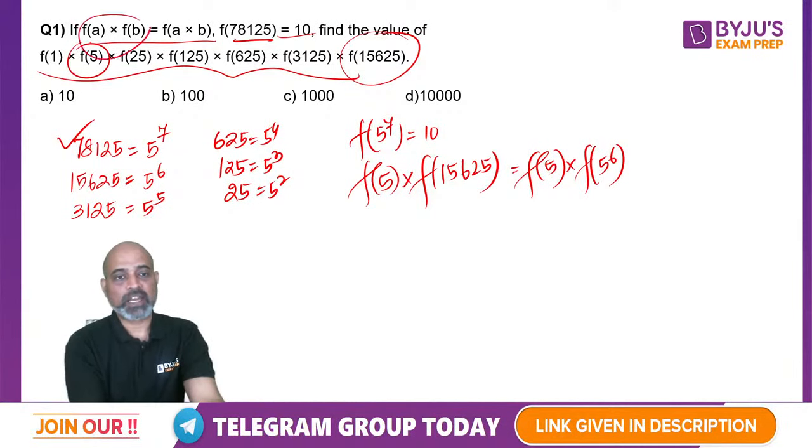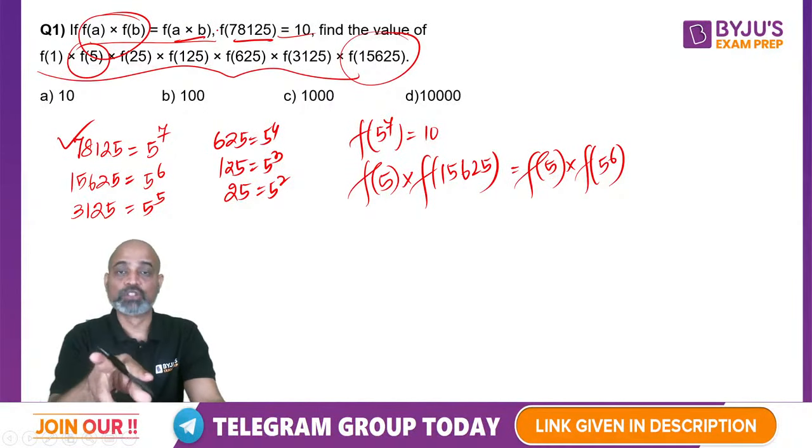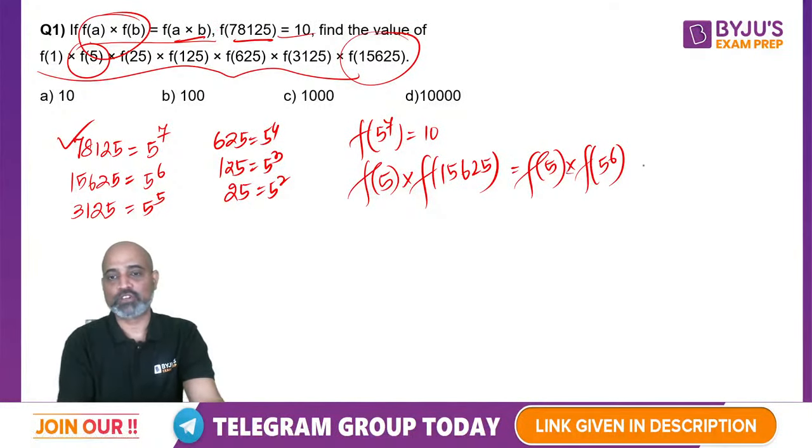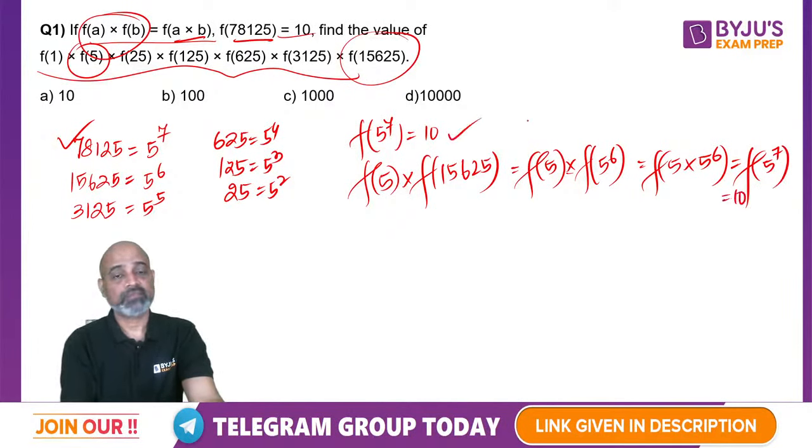When you multiply two functions like these, you end up having one function where the values within them get multiplied. So you will end up having 5 into 5 to the power 6, which is 5 to the power 7, which is again nothing but 10. So this gives you 10, right?